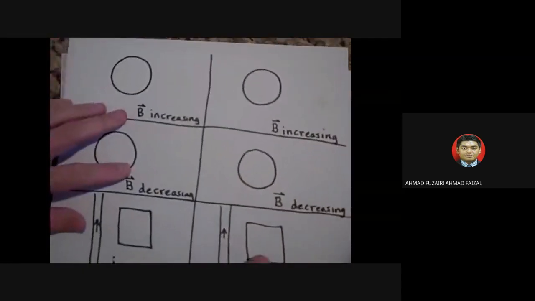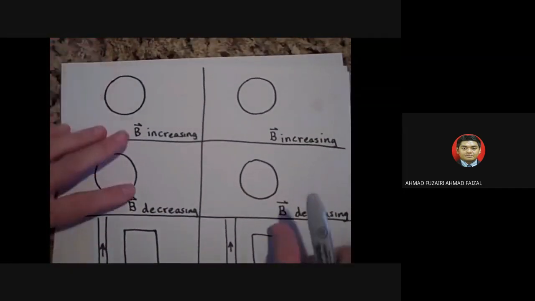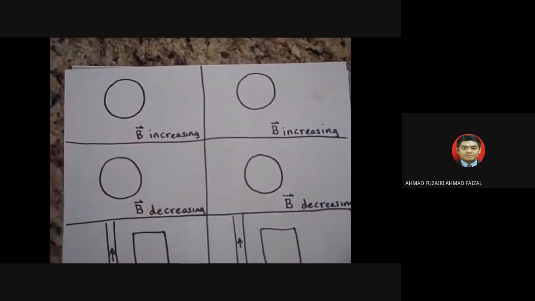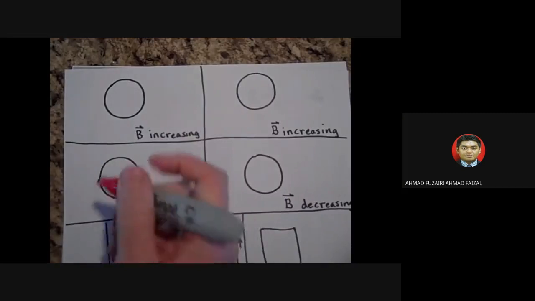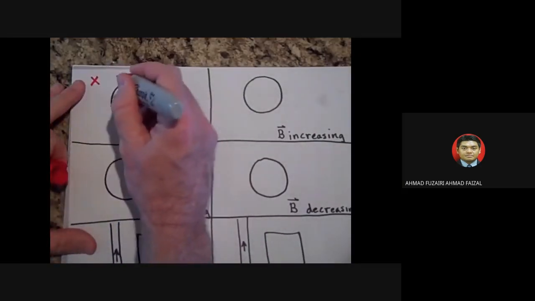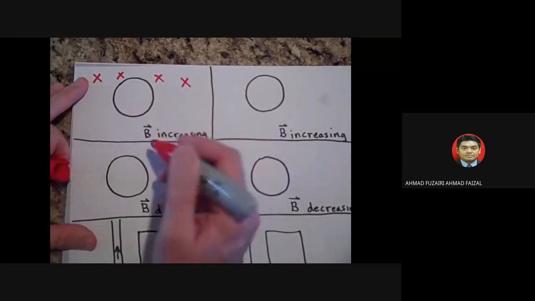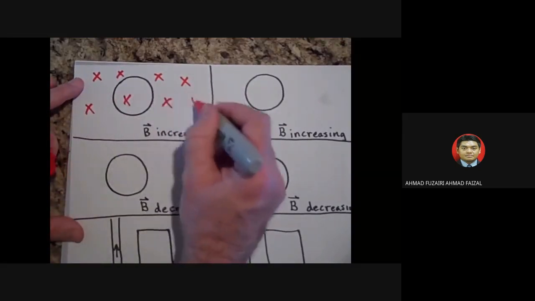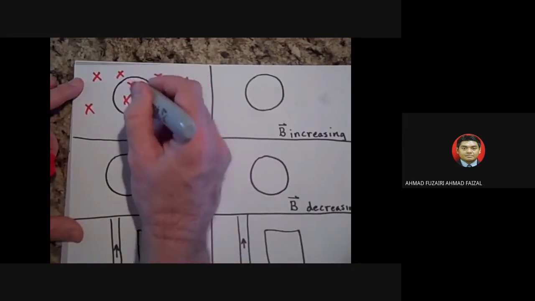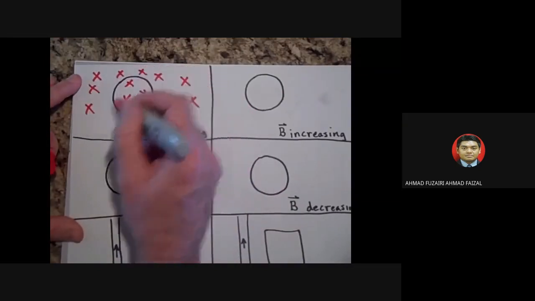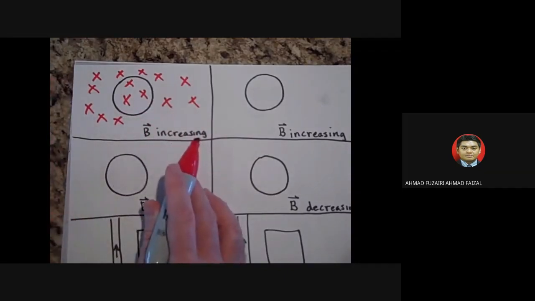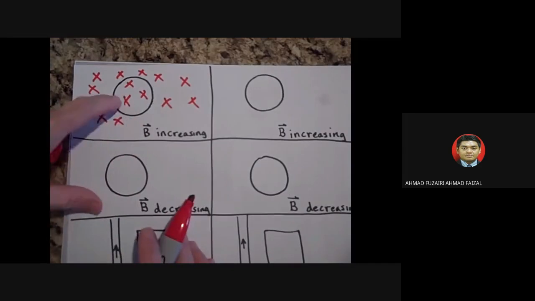Okay, so let's take a look. Let's say that we have a magnetic field. I'll put the magnetic fields in red. Let's say there's X's here, and the X's are increasing. If the X's are increasing, then this is not going to be happy, to personify this again.